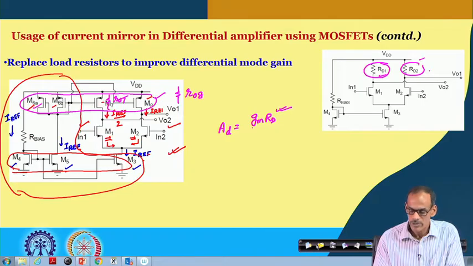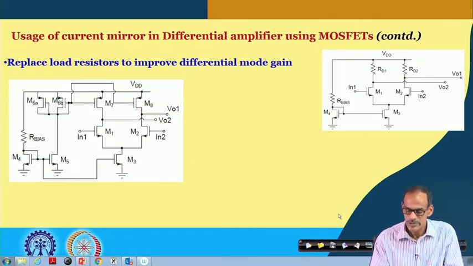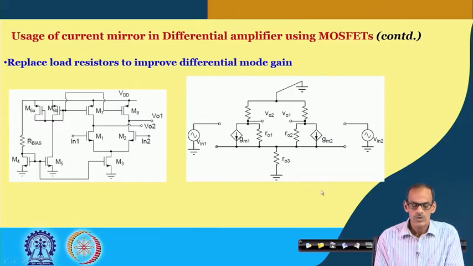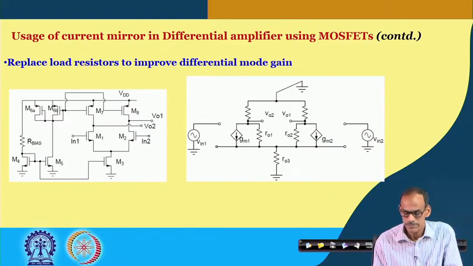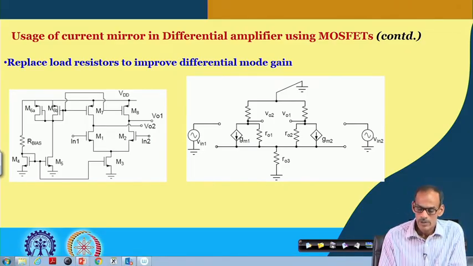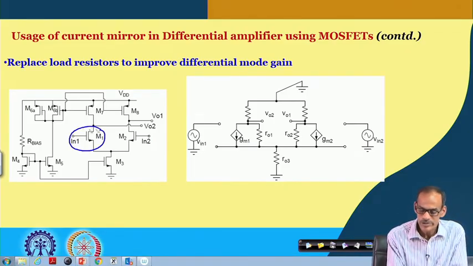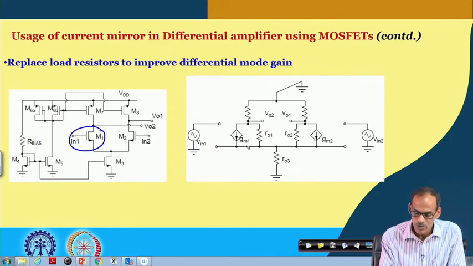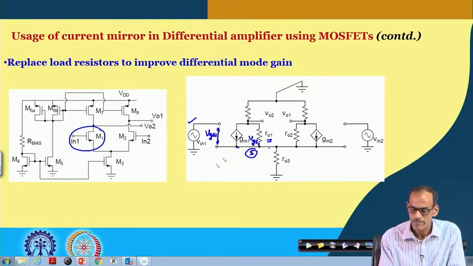Just for convenience, or to convince yourself, we can draw the small signal equivalent circuit here, and as you can see, the model of transistor 1 is given here. So, we have RO1 and then GM1 into VGS1, where VGS1 is given here, coming from the primary input and whatever source node voltage you have.